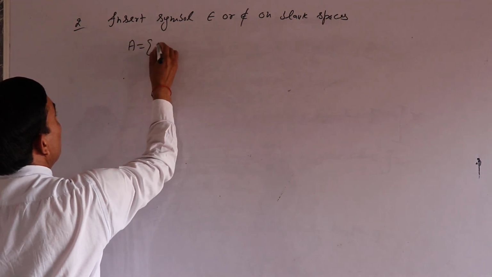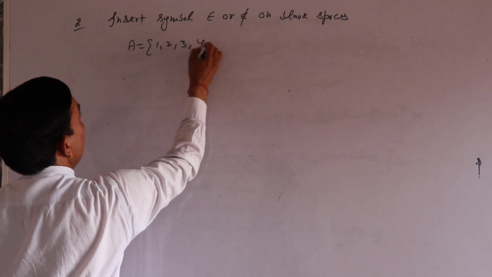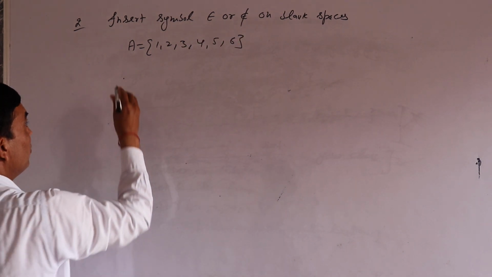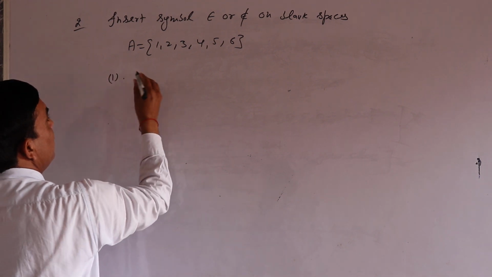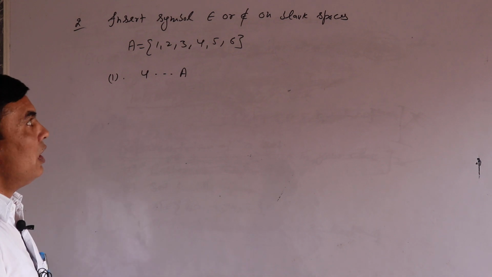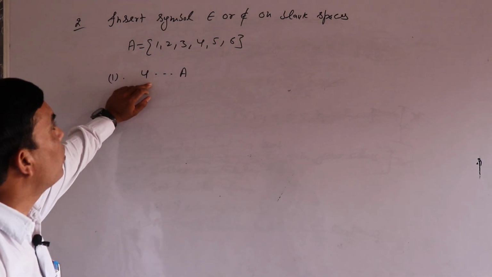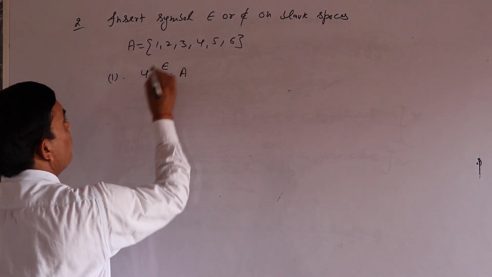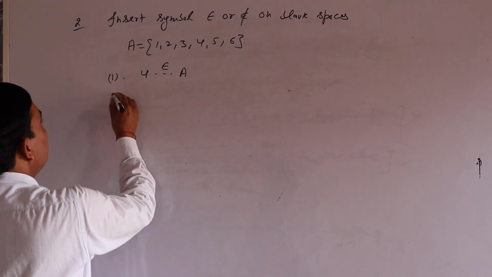A equals {1, 2, 3, 4, 5, 6}. Now the first part is 4. Students, 4 belongs to the given set. So we can write 4 belongs to the set A.